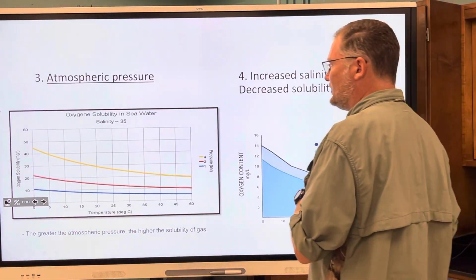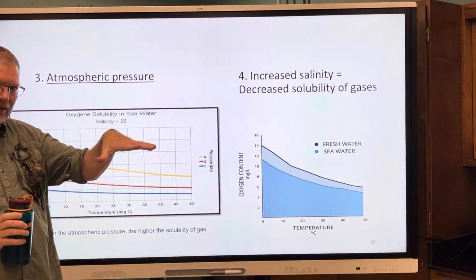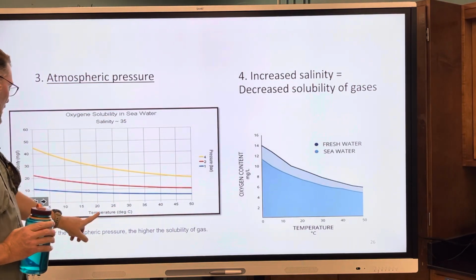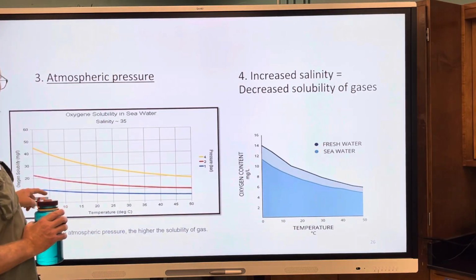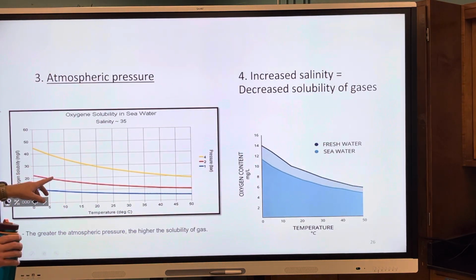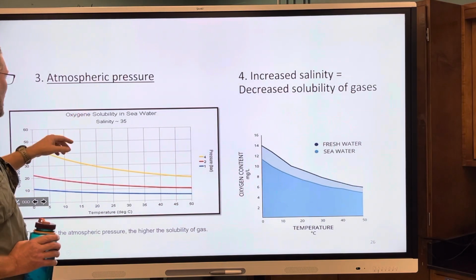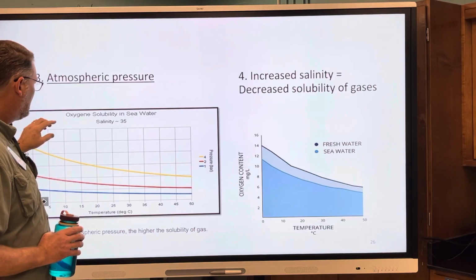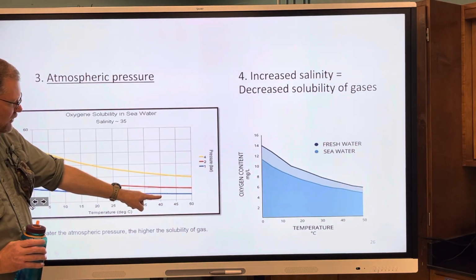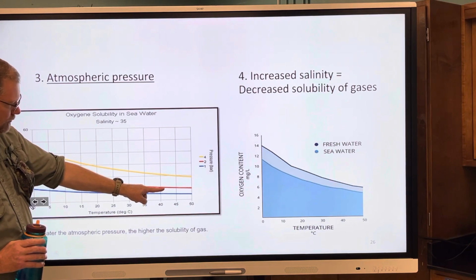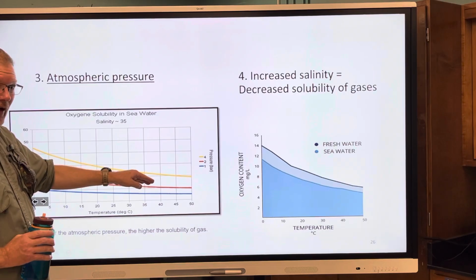Atmospheric pressure, same thing. The atmosphere is pushing down on the surface of the sea. Temperature is not really involved in our conversation right now, but here you have oxygen solubility. You can see that pressure in bars: blue is 1, red is 2, and yellow is 4, the highest pressure.